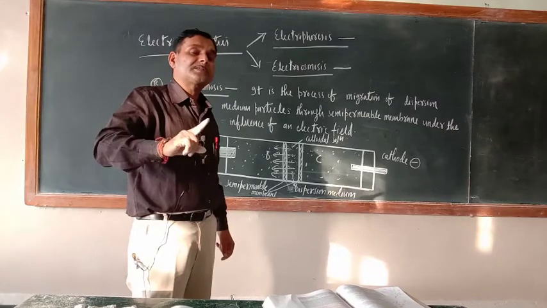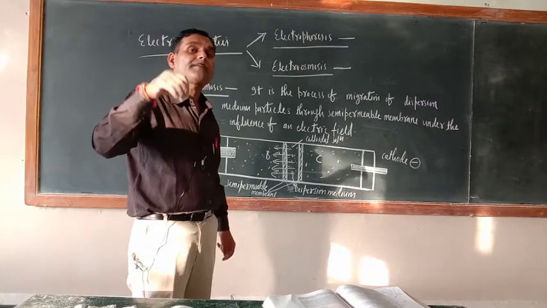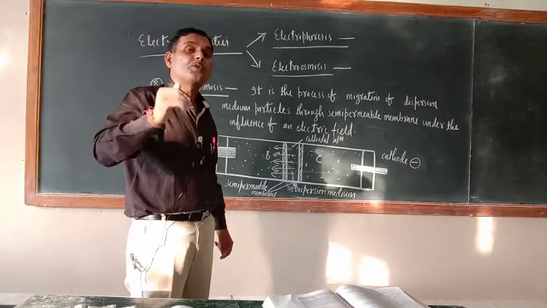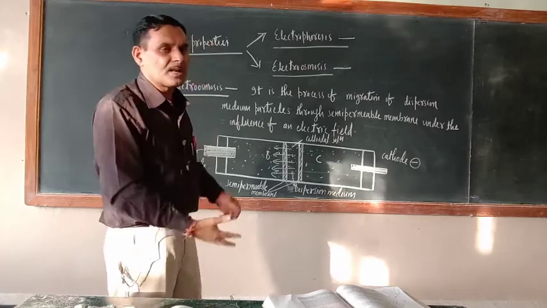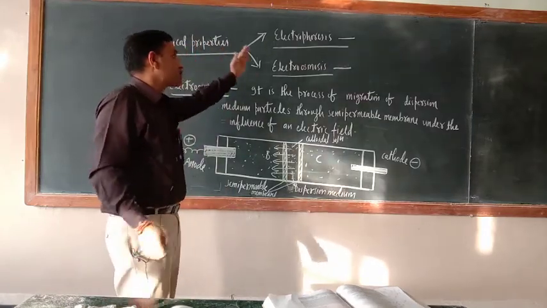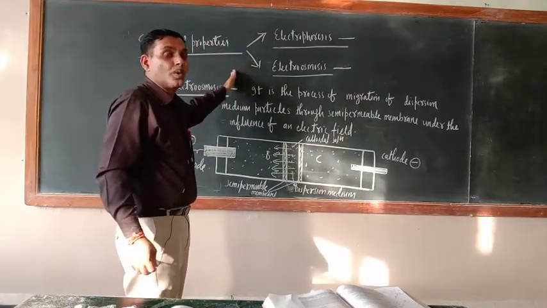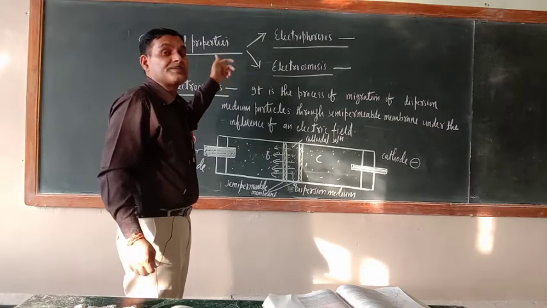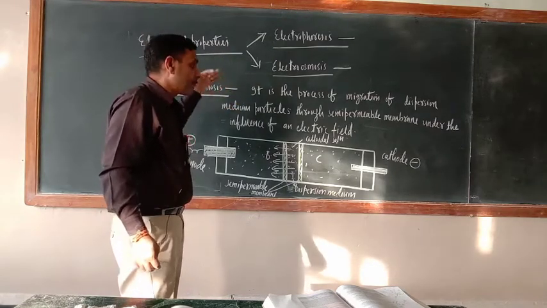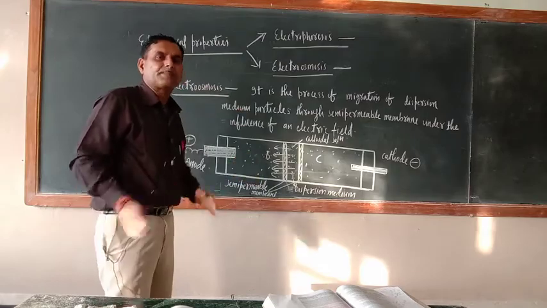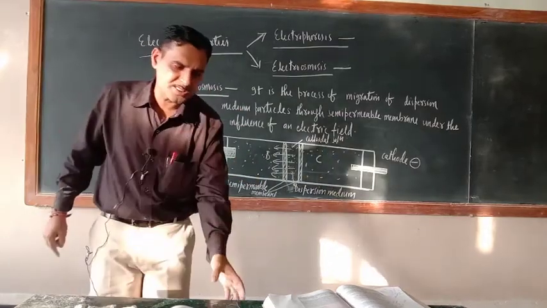If colloidal particles were not charged, it would not have been possible. So just see, these two phenomena support the origin of charge on colloidal particles. In this way, the properties of colloidal solution are over.